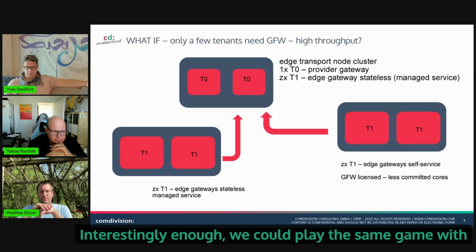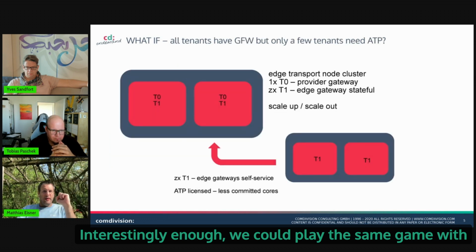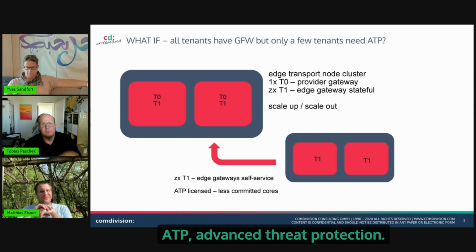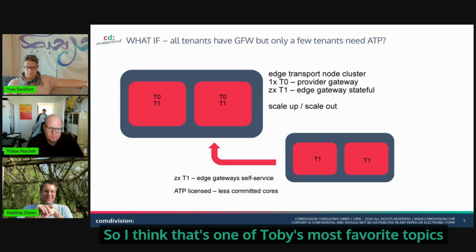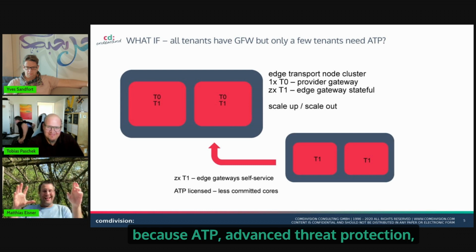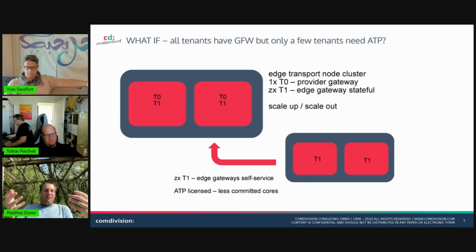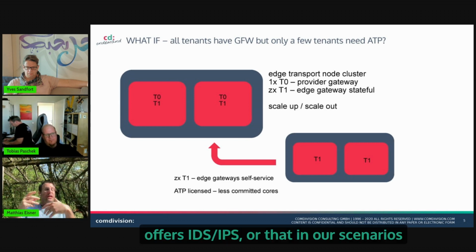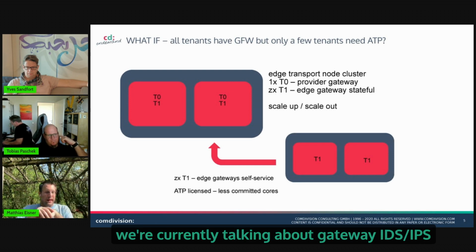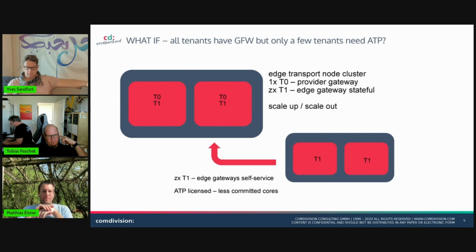Interestingly enough, we could play the same game with ATP, Advanced Threat Protection. So I think that's one of Toby's most favorite topics, because ATP, Advanced Threat Protection, offers IDS/IPS, or in our scenarios, we're currently talking about Gateway IDS/IPS.